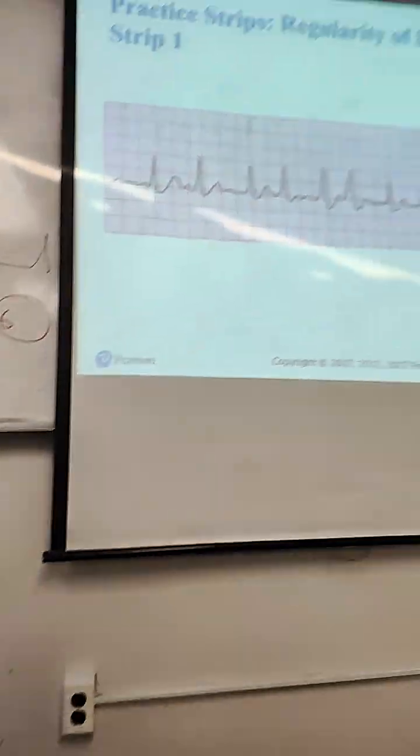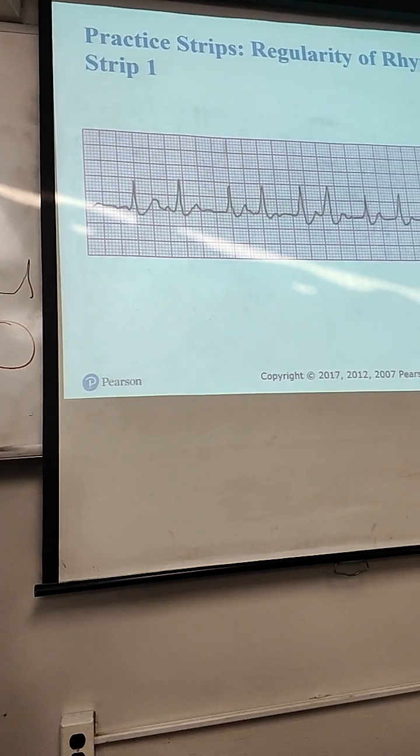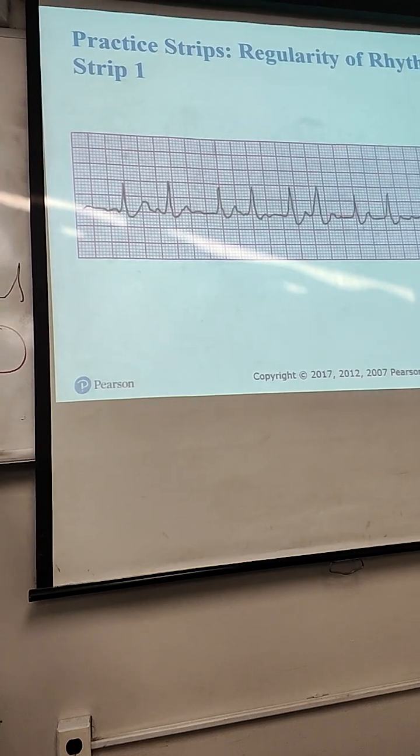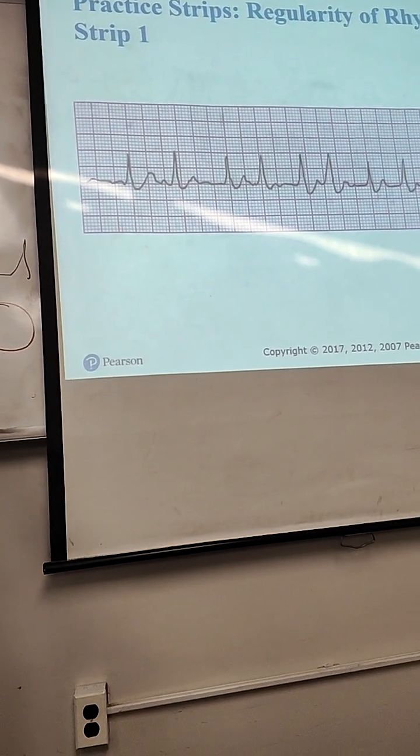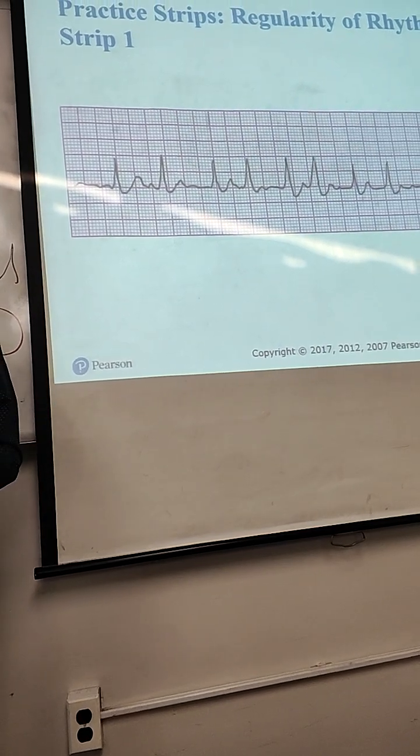If the heart rate is beyond 100, it's tachycardia. If it is below 60, it's called bradycardia. Brady, remember the Brady Bunch?